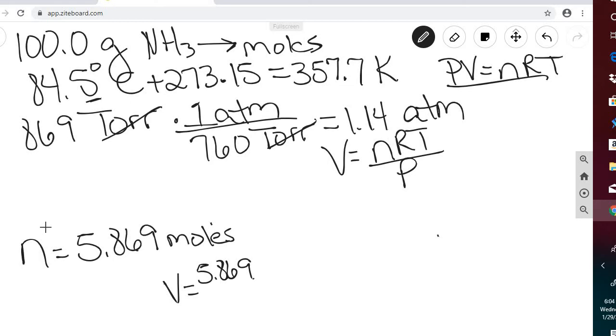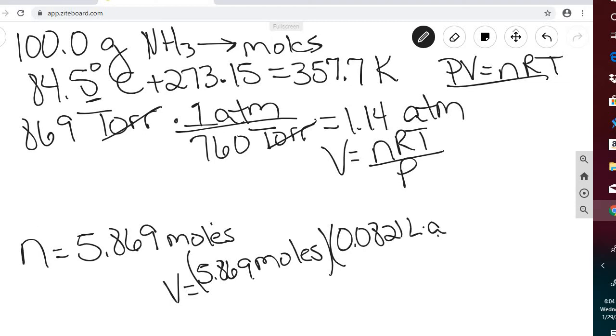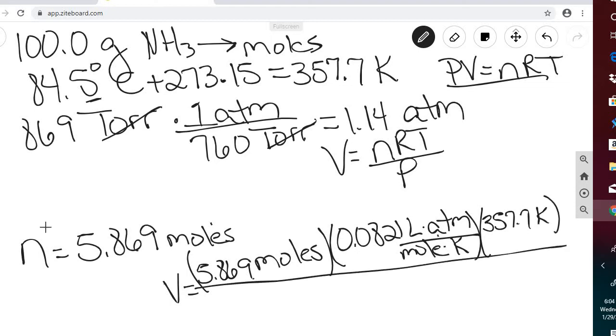So the number of moles is 5.869, and we'll multiply that times R, which you'll be given, 0.0821, and the units are liters times atmospheres over moles times Kelvin, and then the temperature in Kelvin, 357.7 K, and then we'll divide that by the pressure, which was 1.14 atmospheres.